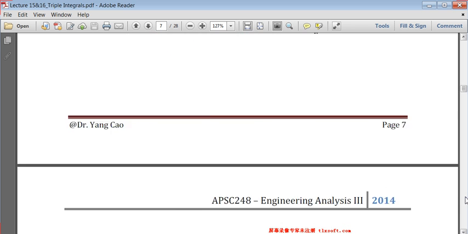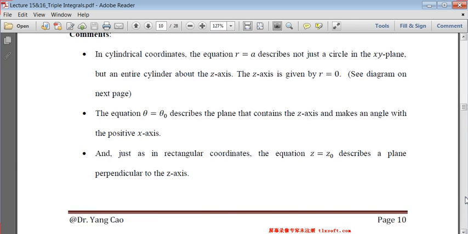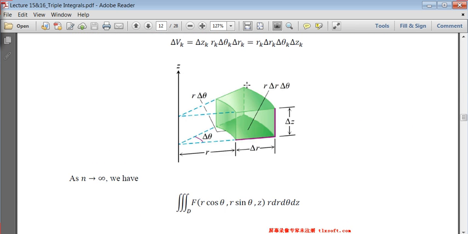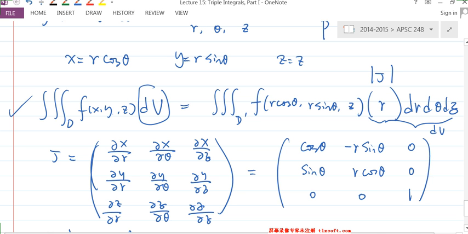I'm going to skip this portion. Basically you form a small box using the cylindrical coordinates r, theta, z, and calculate the volume of this small box. You will end up with the volume r dr d theta dz. Same thing. Is that good?